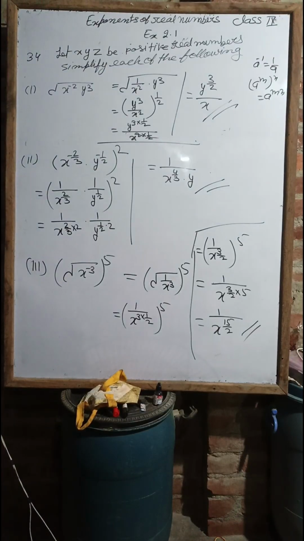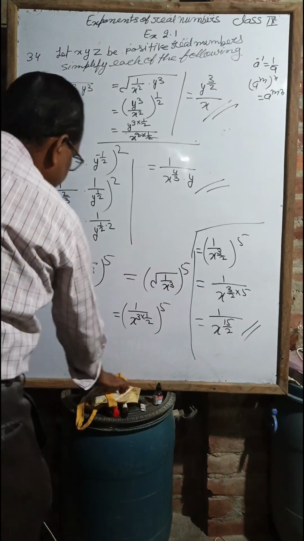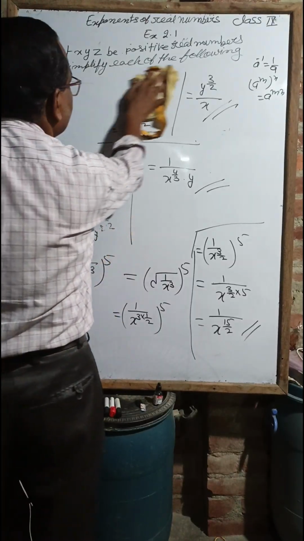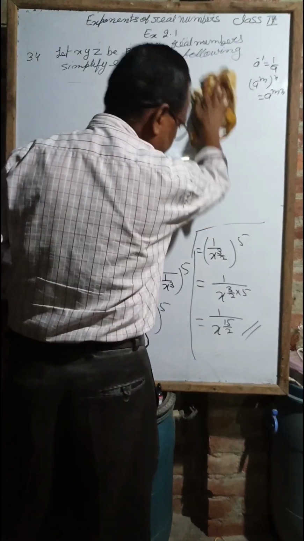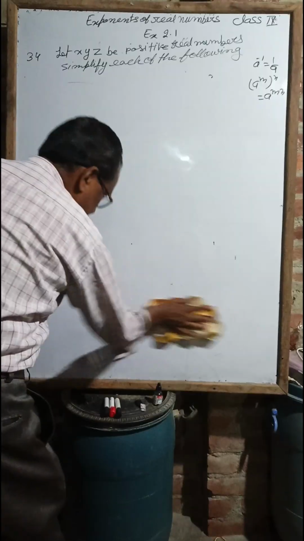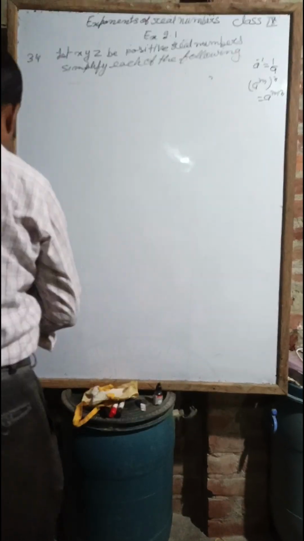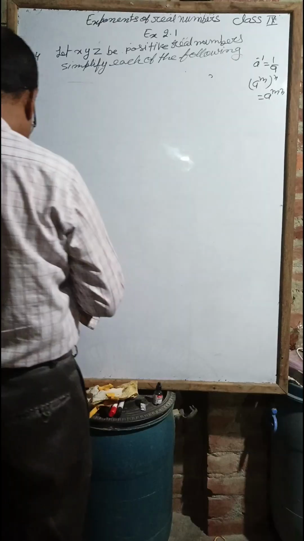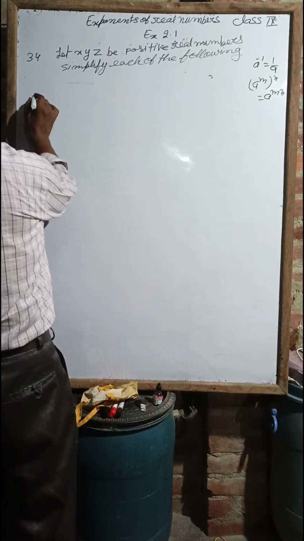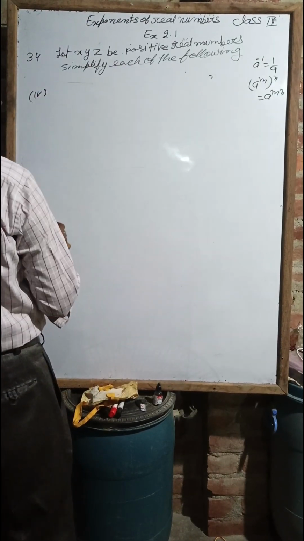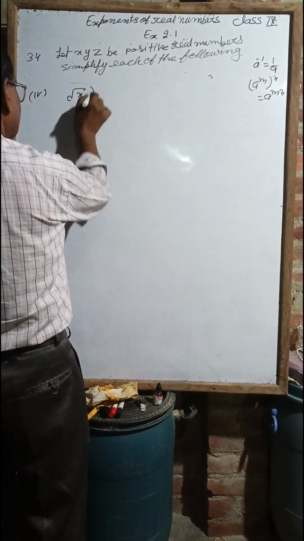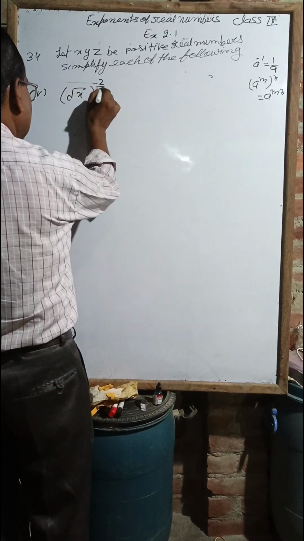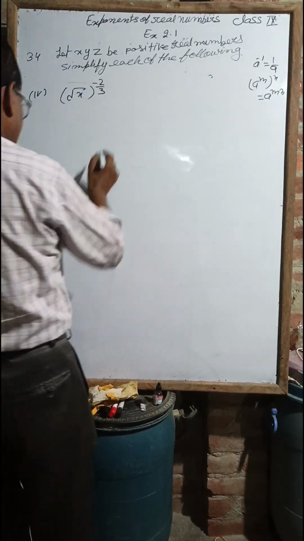Now 1 upon x raised to the power 3 over 2, whole to the power 5, is equal to 1 upon x raised to the power 3 over 2 into 5, is equal to 1 upon x raised to the power 15 over 2.